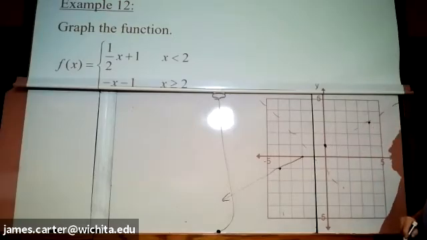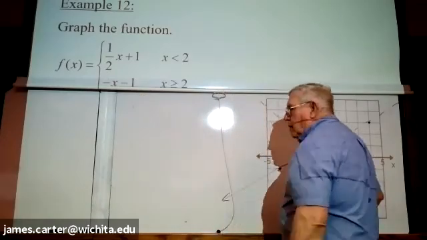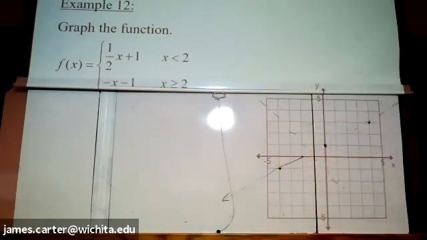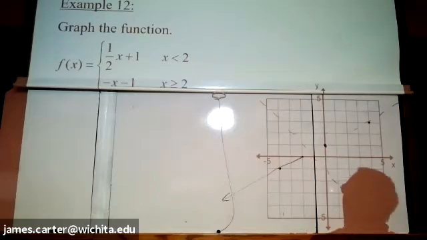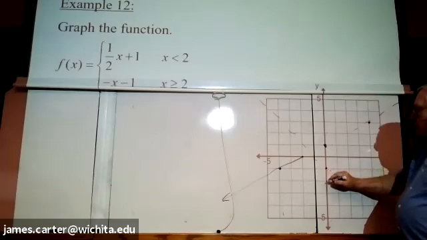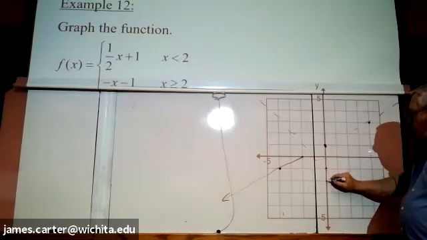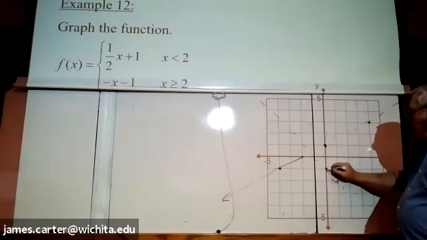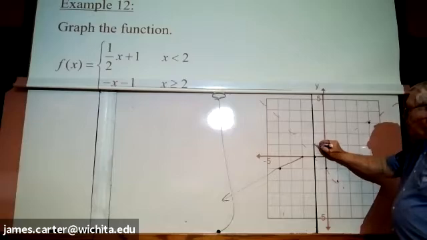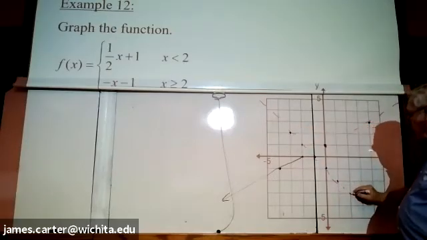Okay. Now our next one, -x minus 1. -1 is my y-intercept, and the slope is down 1, right 1, or up 1, left 1.